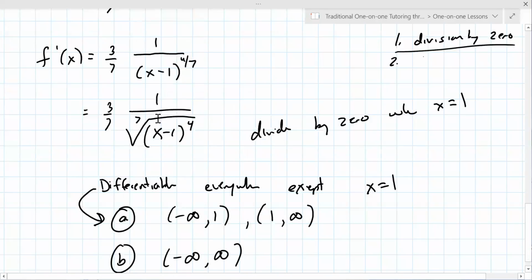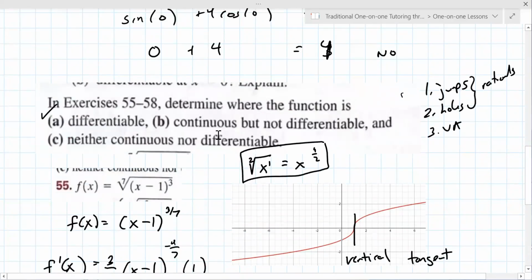Then part C says neither continuous nor differentiable. That doesn't apply here, because there's no point where it's, like, an asymptote. C would change if there was a point where it's not continuous.